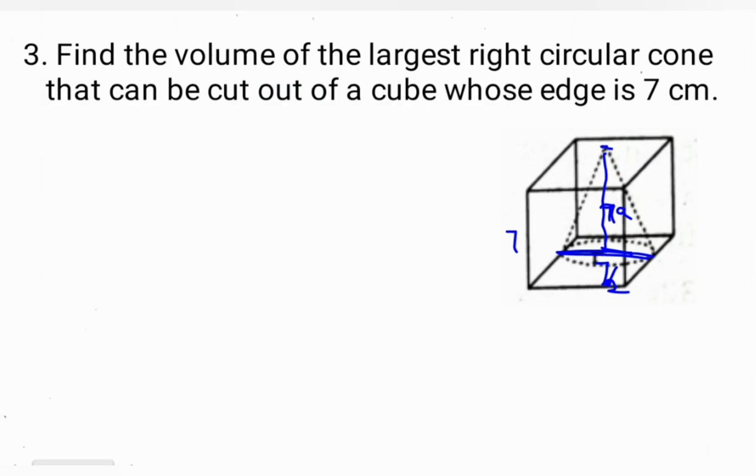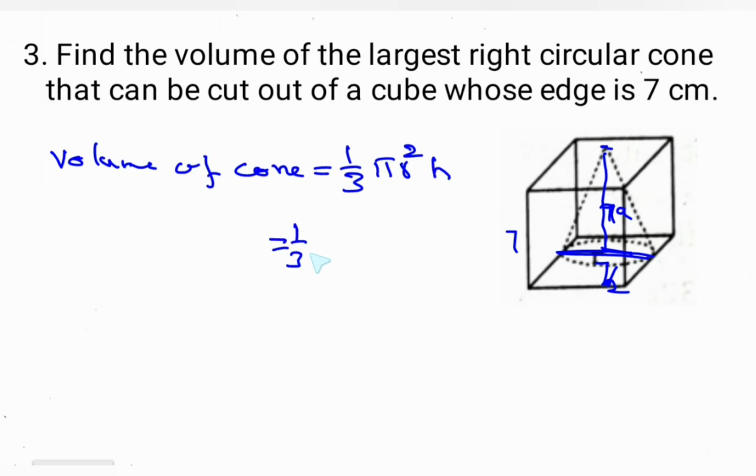Volume of cone equals 1 by 3 pi r square h. So this equals 1 by 3 into pi, which is 22 by 7, and r is 7 by 2 into 7 by 2, and h equal to 7.